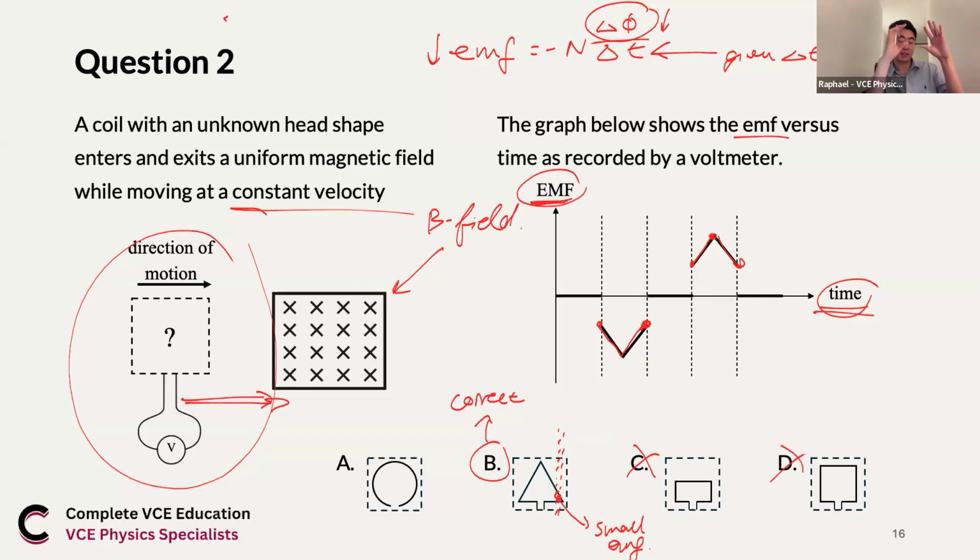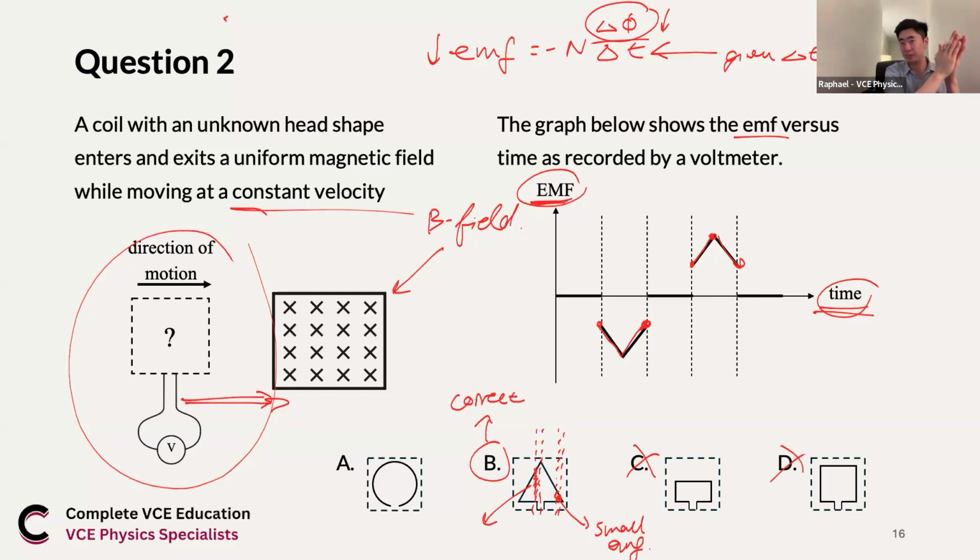And as the coil is moving completely into the magnetic field, let's say somewhere in the middle, now the amount of flux that you can cut with the now taller shape of the wire is going to be greater. You can imagine slicing a cake horizontally as you're going.